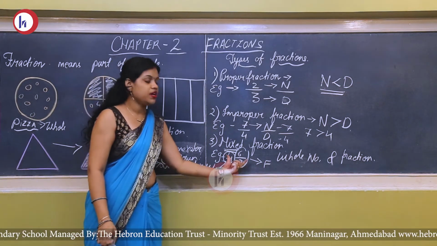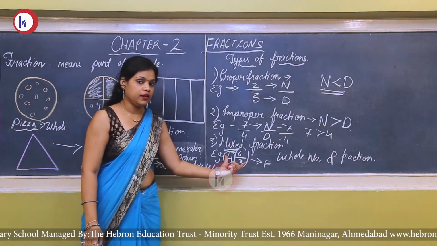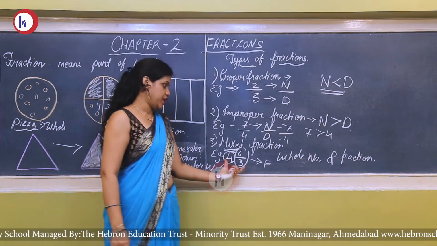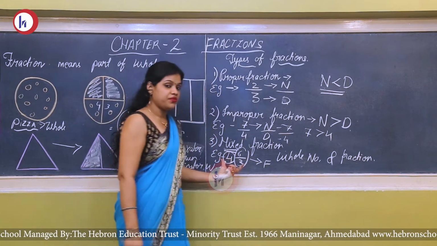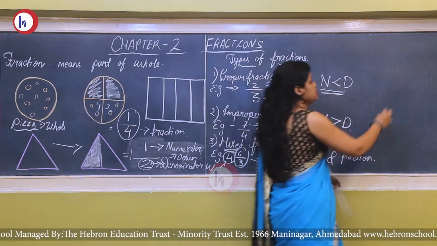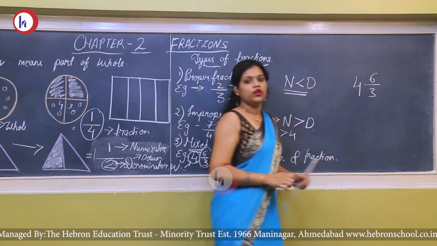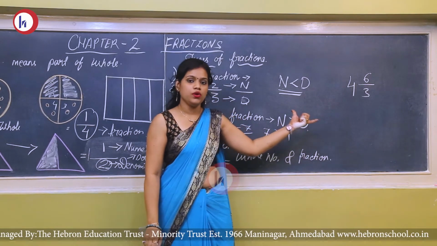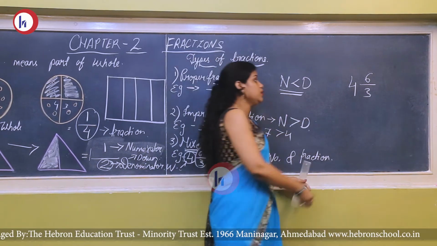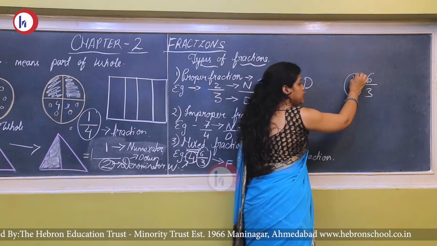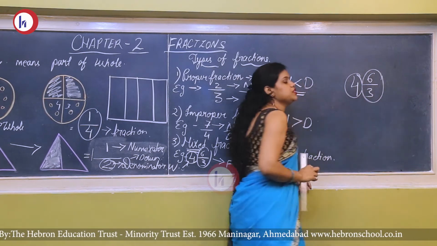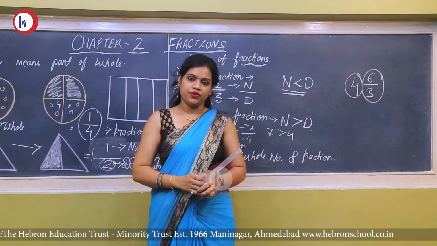So when a whole number and a fraction are taken together, they are called a mixed fraction. You will call it like this, mixed fraction, 4 6 by 3. So here both the parts are there. The whole number is also there and a fraction is also. So they are called mixed fractions.